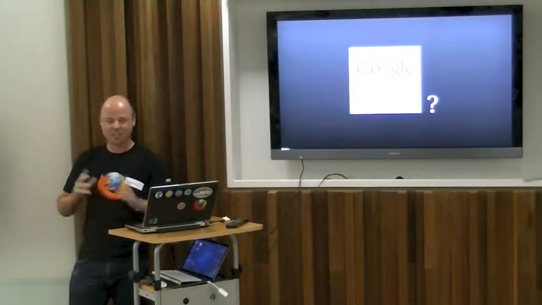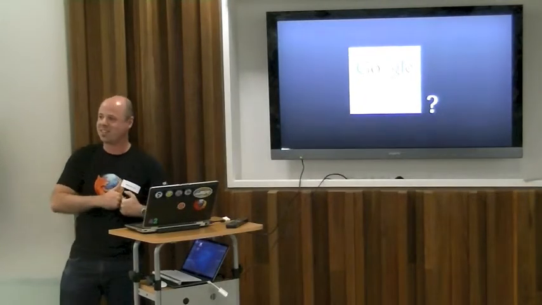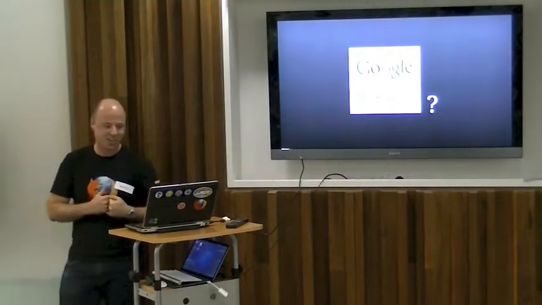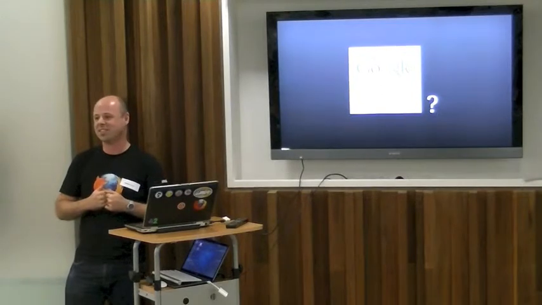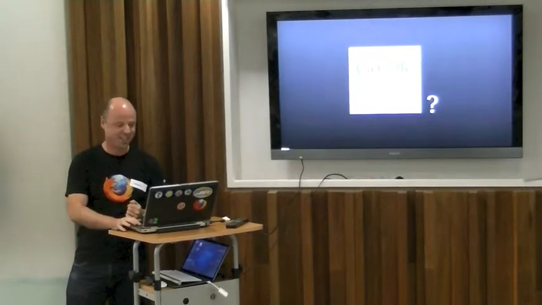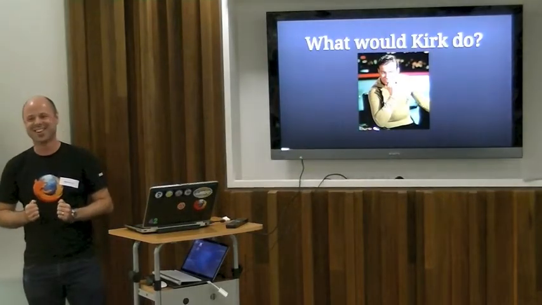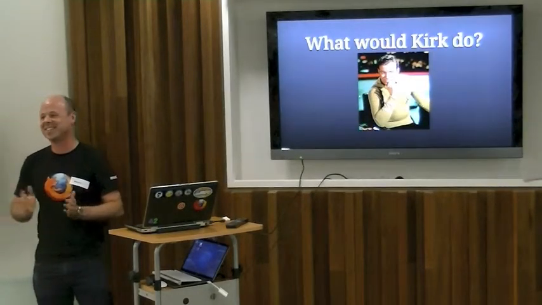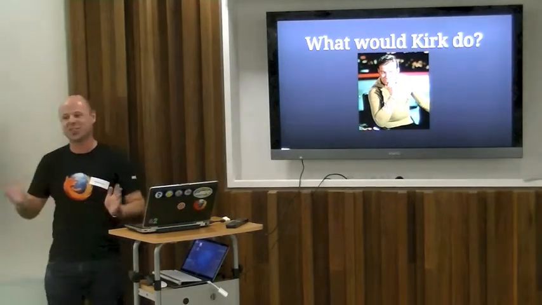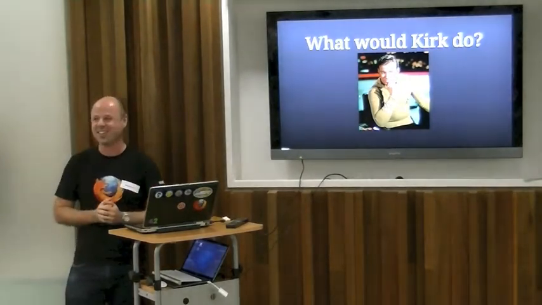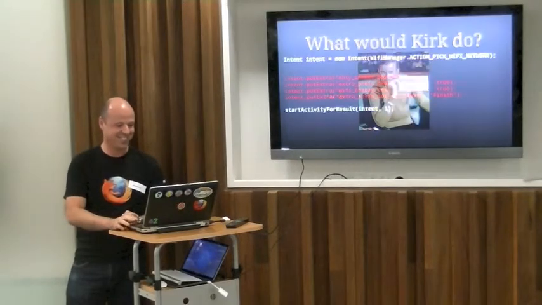But Google engineers had the same problem. They needed you to go back to their configuration wizard. So I think in these situations, they must have done what I do and asked themselves, what would Kirk do? And the obvious answer is, you change the rules of the game.